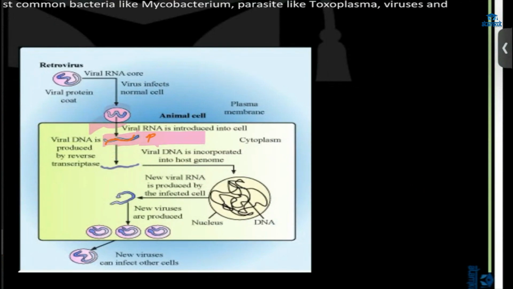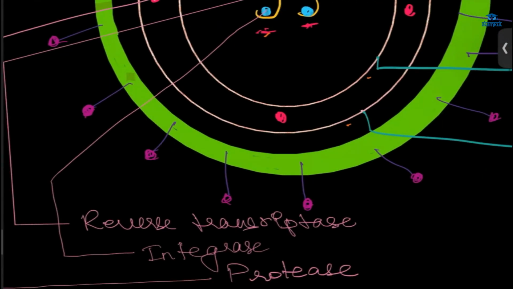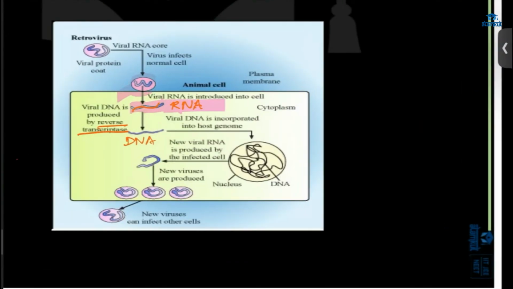The next work is of reverse transcriptase, because this strand is RNA, and this RNA will be converted into DNA by the reverse transcriptase enzyme. The last one we have is integrase.